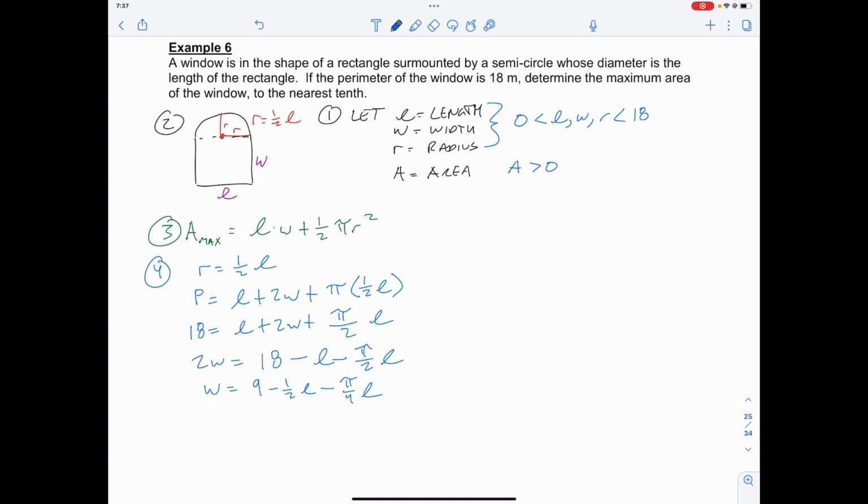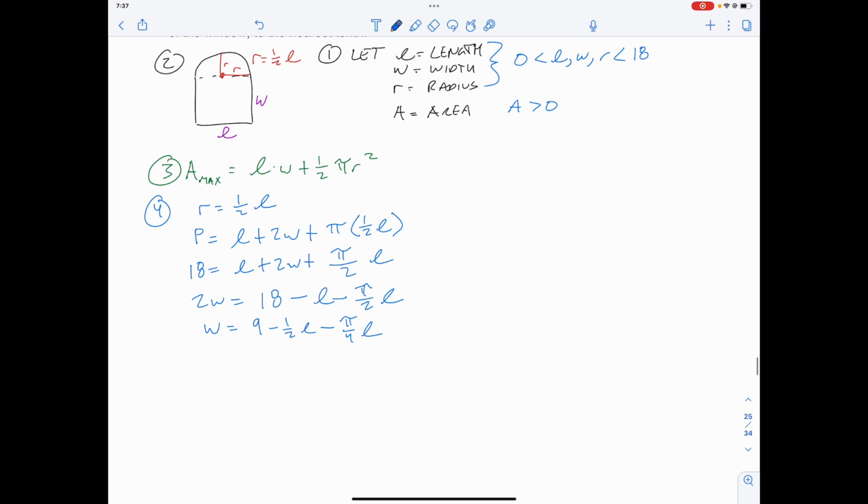And I'm going to sub that back into my equation that we had. The area, which we're solving for the max of, is going to be the length times 9 minus half a length minus pi over 4 times the length.